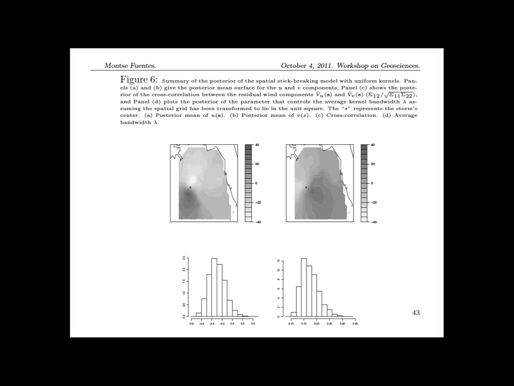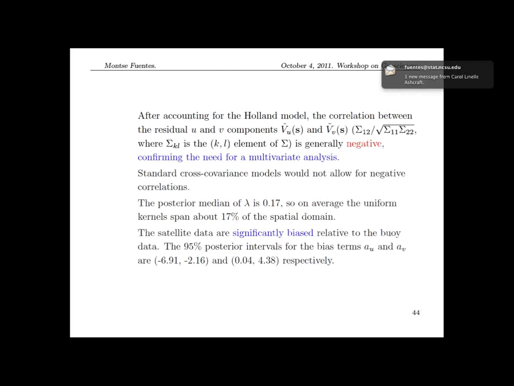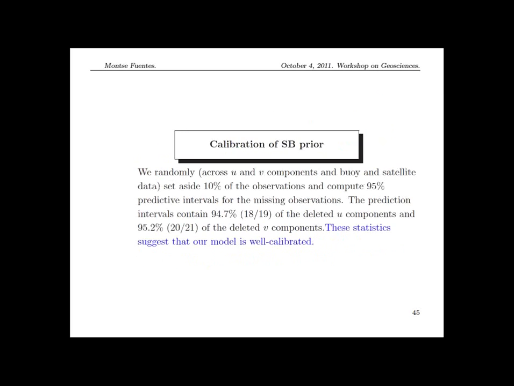That means there is a need to introduce models that will characterize the type of dependence that is left after accounting for the Holland model. And this is just the distribution for the bandwidth parameters in the kernel. What that's telling you is that it's centered about 0.17, which means that the span of the kernels is about 17% of the domain.